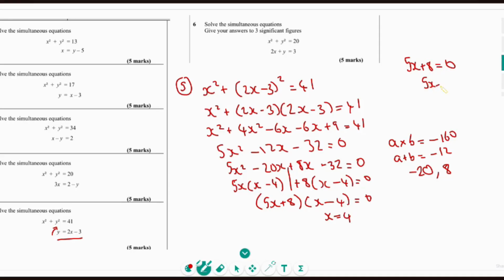Take 8 from both sides. Divide both sides by 5. If you want to write that as a decimal, minus 1.6.